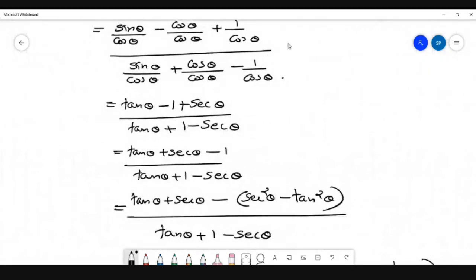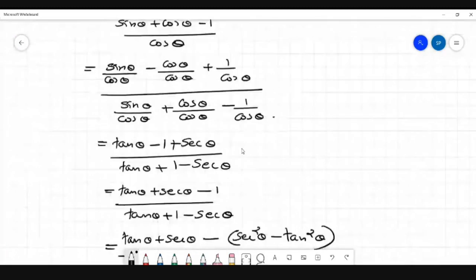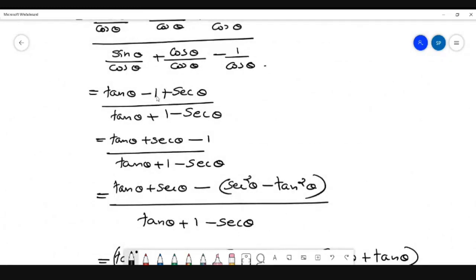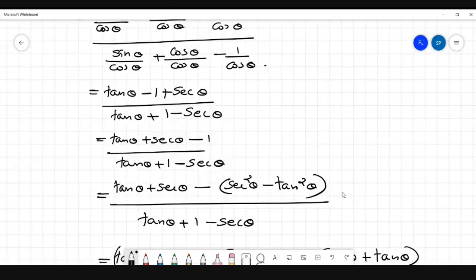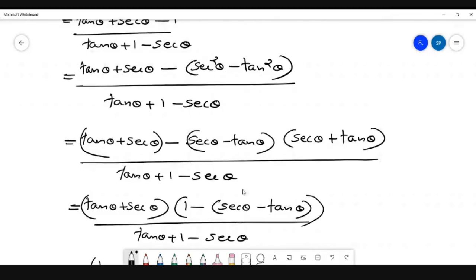Here we divide the left hand side of the expression throughout by cos theta. Each term we have to divide by cos theta to get tan theta and sec theta in the numerator as well as denominator. Then we replace 1 by sec square theta minus tan square theta. Again, a square minus b square is written as a minus b into a plus b. You can take tan theta plus sec theta common.